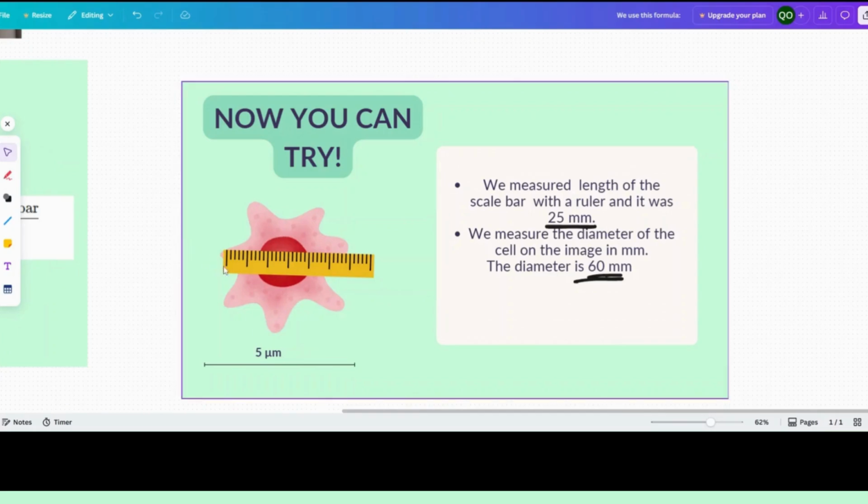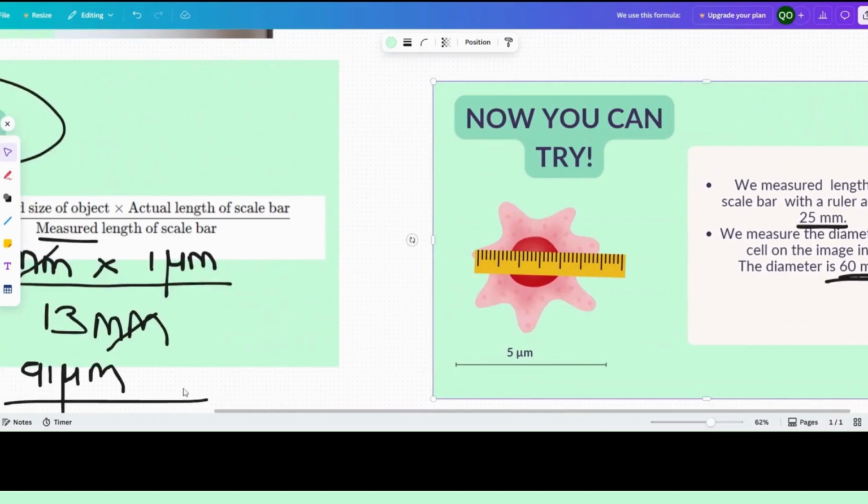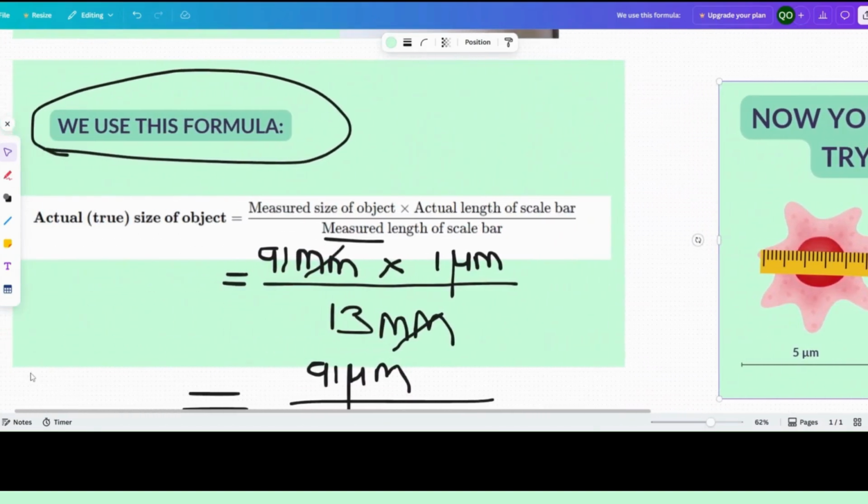Now again, we're going to substitute it into the formula that we have here.